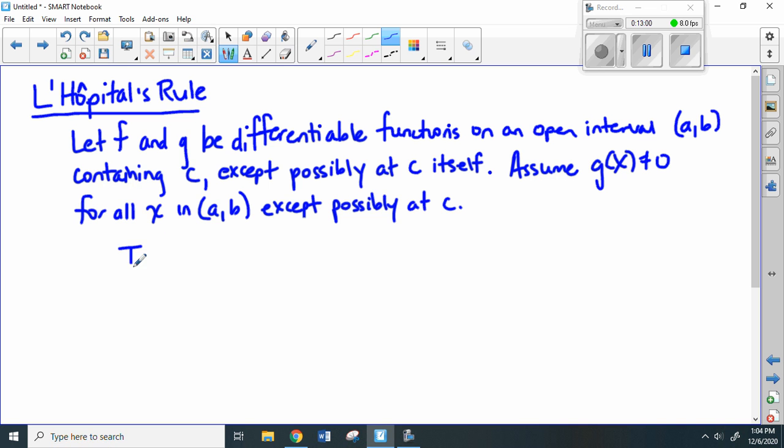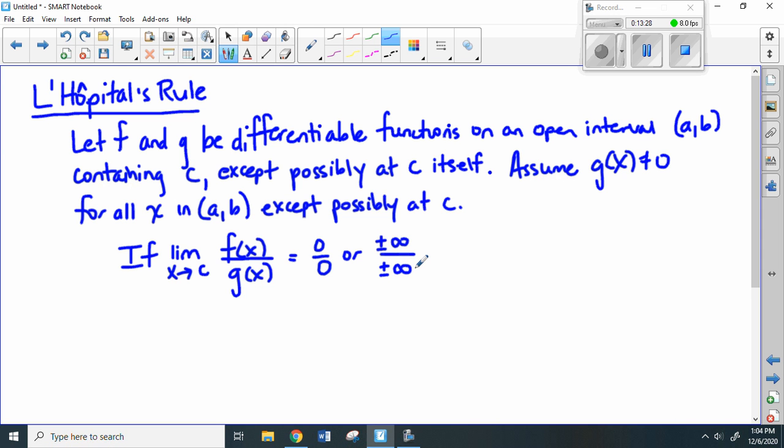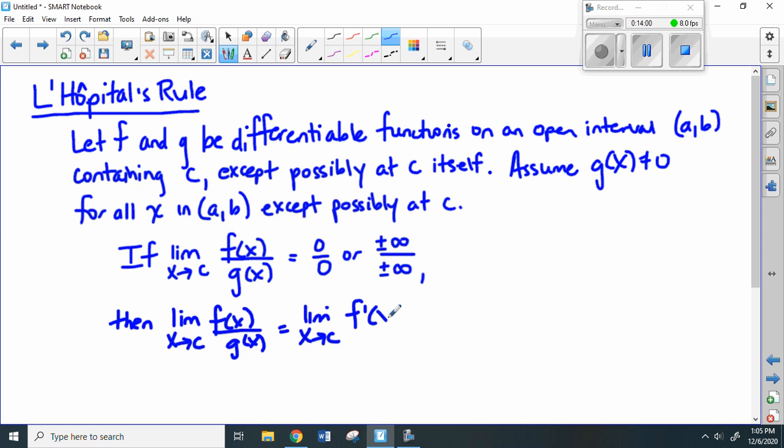Given that criteria, if the limit as x approaches c of f of x divided by g of x equals an indeterminate form like 0 over 0 or positive or negative infinity over infinity, then that limit can be found by taking the limit of the derivative of f of x divided by the derivative of g of x.